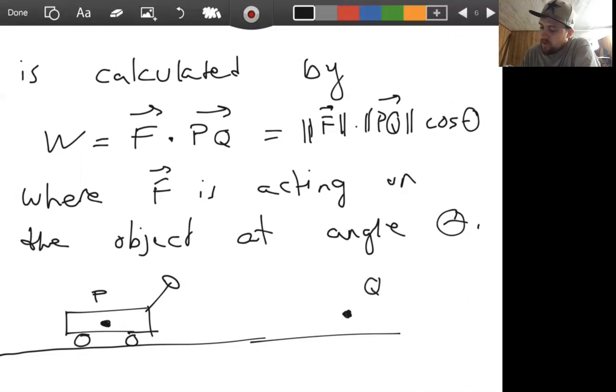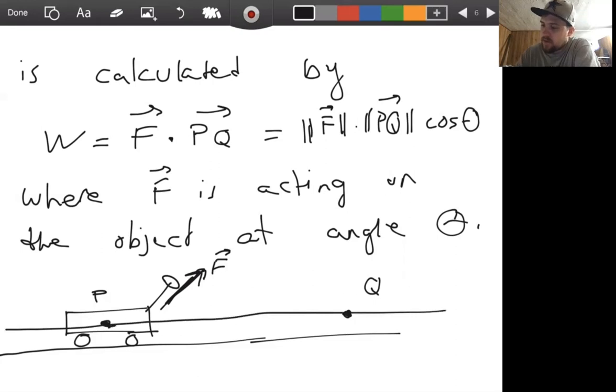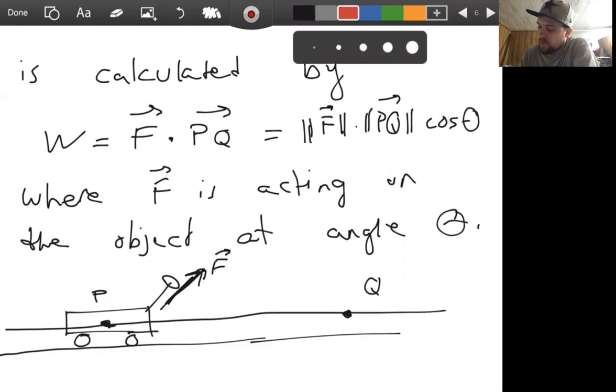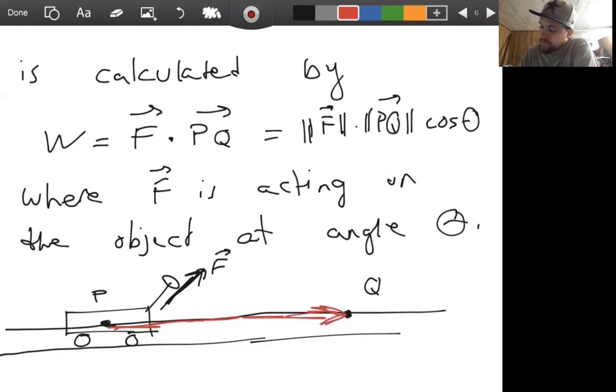And we're going to exert a force F in a direction not in line with the vector PQ, right? The vector PQ is going to be this vector in red here.